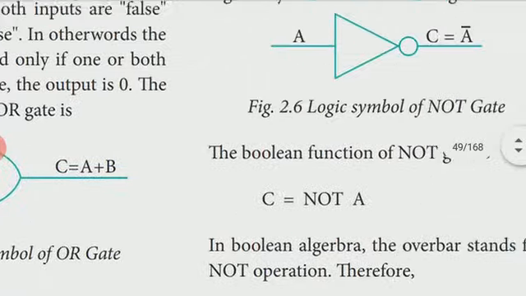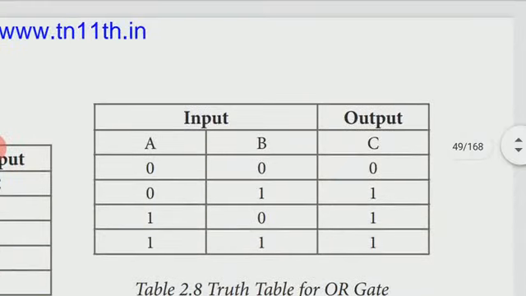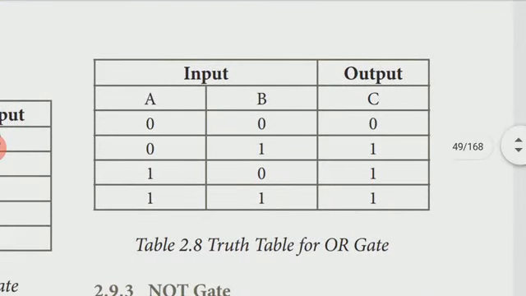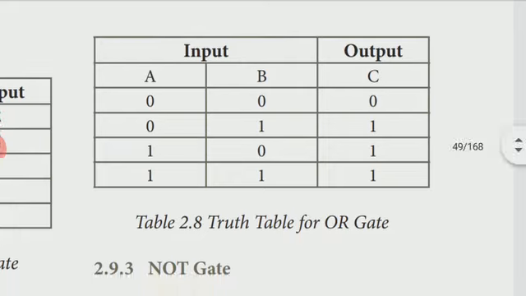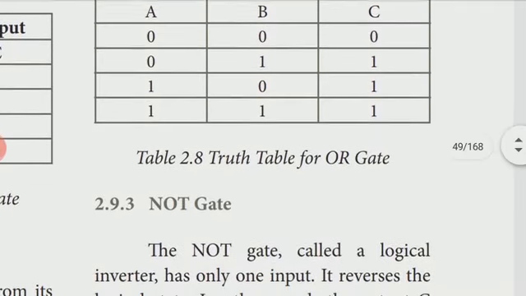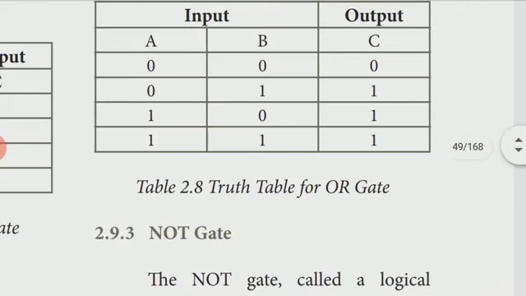Here they gave the truth table. See, here also they took 2 inputs, so they got 4 values, and the output is 0, 1, 1, 1. How did they get the output? Because if any one input is true, the result becomes true.